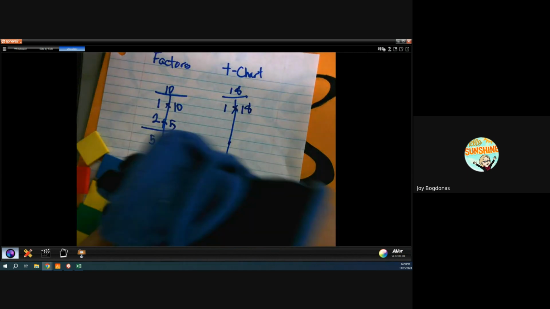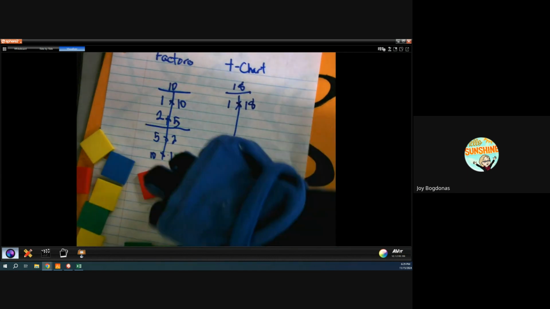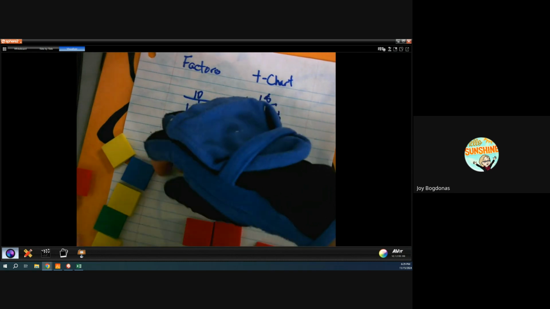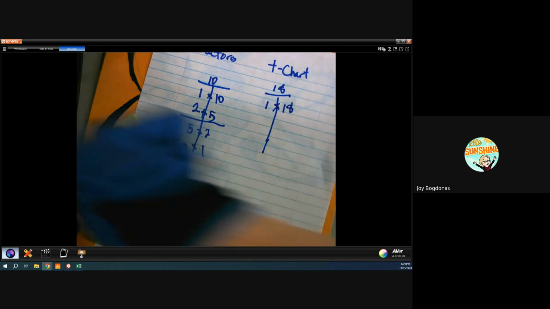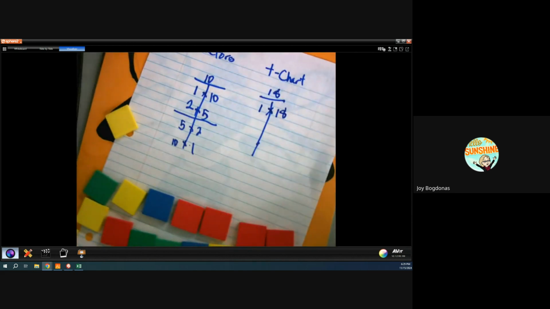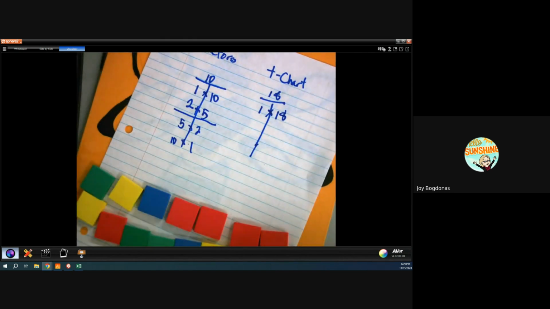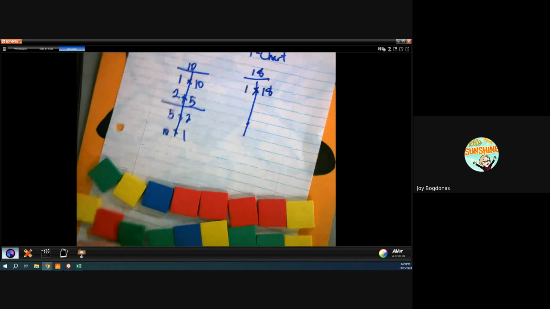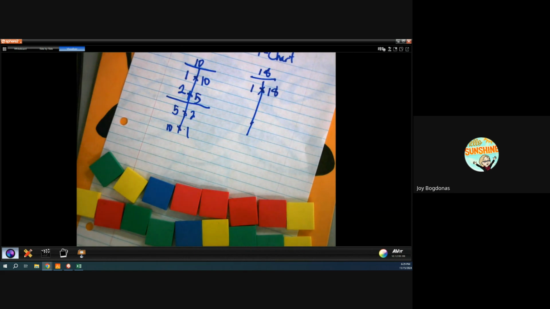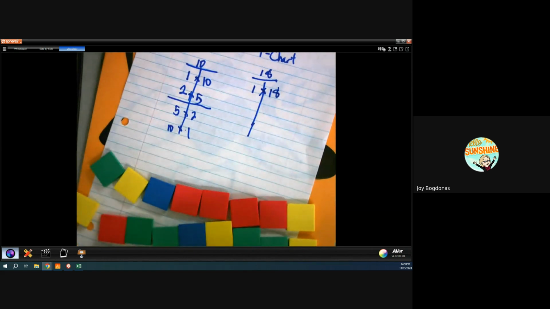I can do 2 rows. Oh, sorry, I'm trying to go fast and my hands are not cooperating. They're kind of painful today. Okay. If I have 18 counters, it should be able to have an even array.